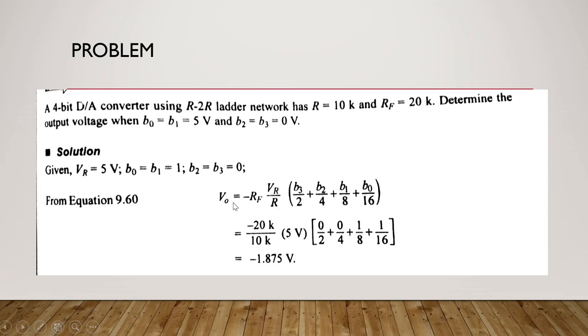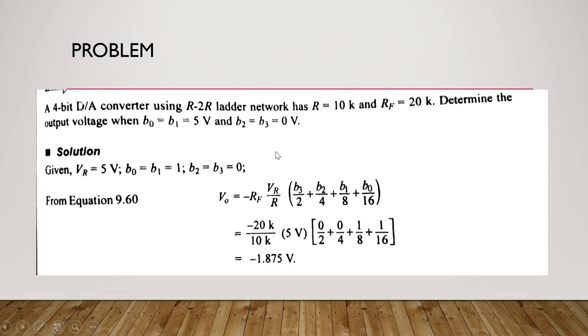The formula we are going to make use of to calculate the output voltage is minus RF by R into V reference into V3 by 2, V2 by 4, V1 by 8 and V0 by 16. We know the RF value, which is given here as 20K, and R value is 10K, into 5 volt. 5 volt is nothing but your reference voltage value, into V3 is 0, V2 is also 0, so 0 by 2 plus 0 by 4 plus V1.